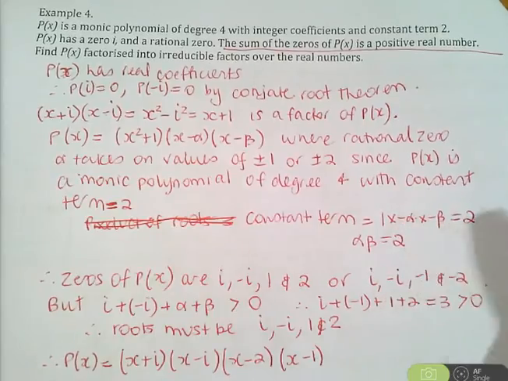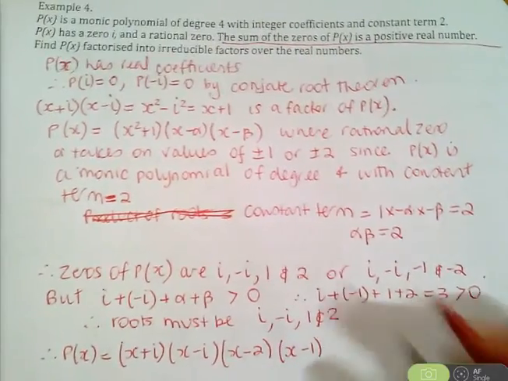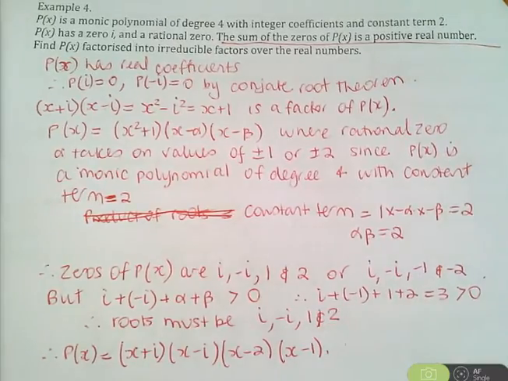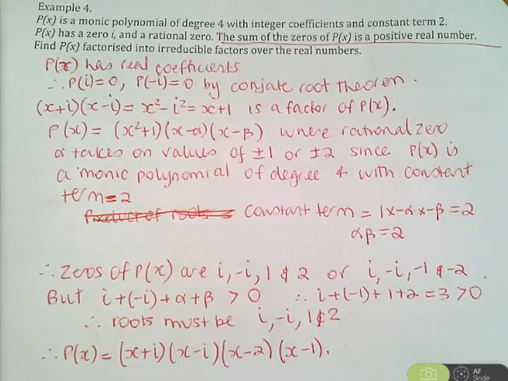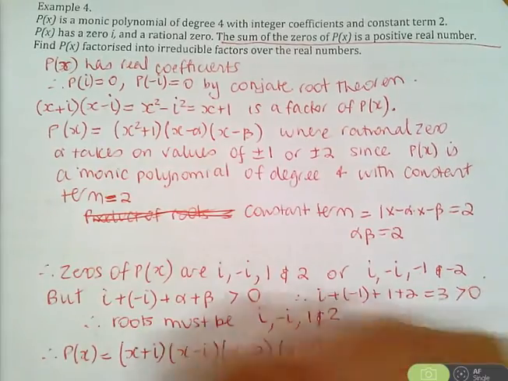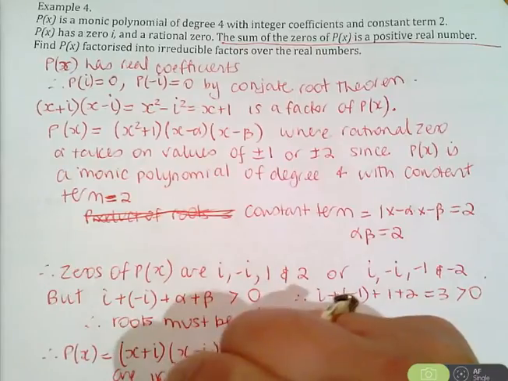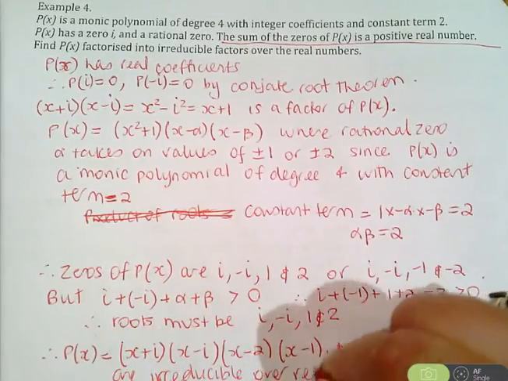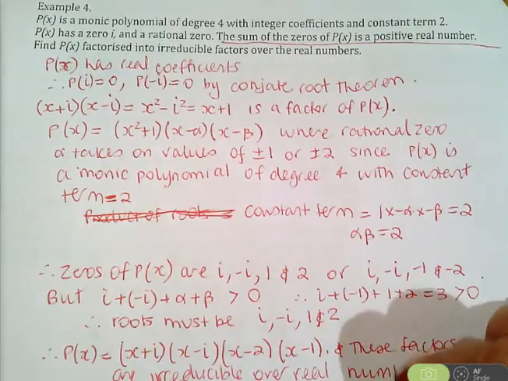Okay, so that's our polynomial in x, written as irreducible factors over the real numbers here.